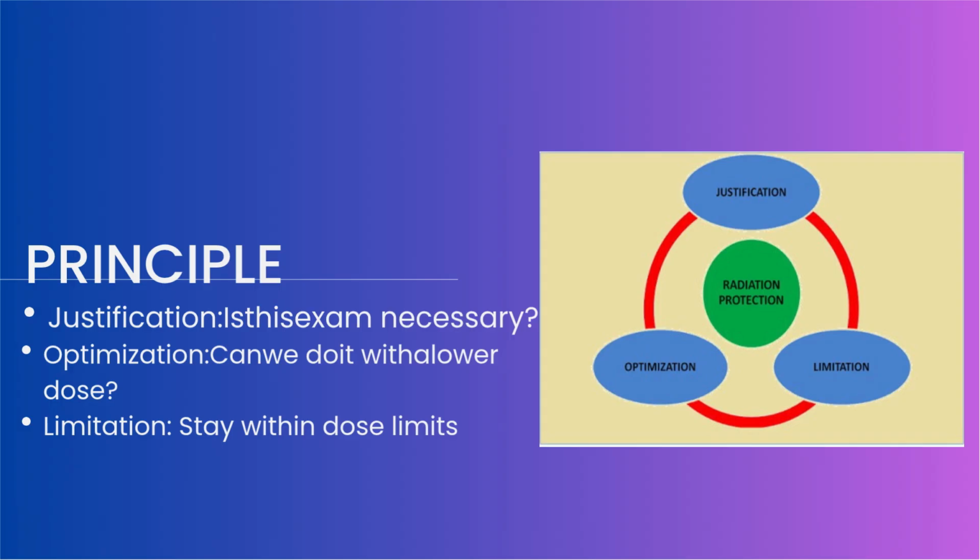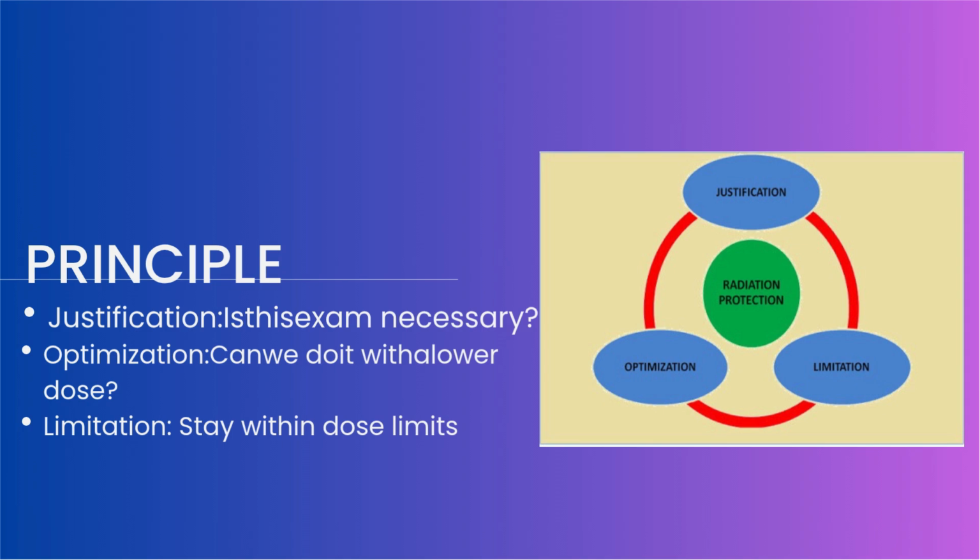These are the things you need to look into before you go ahead with the procedure. If there is another test you can do for the woman, she could go do an ultrasound, to ensure that you are complying with justification. We say that the benefits must outweigh the risk.